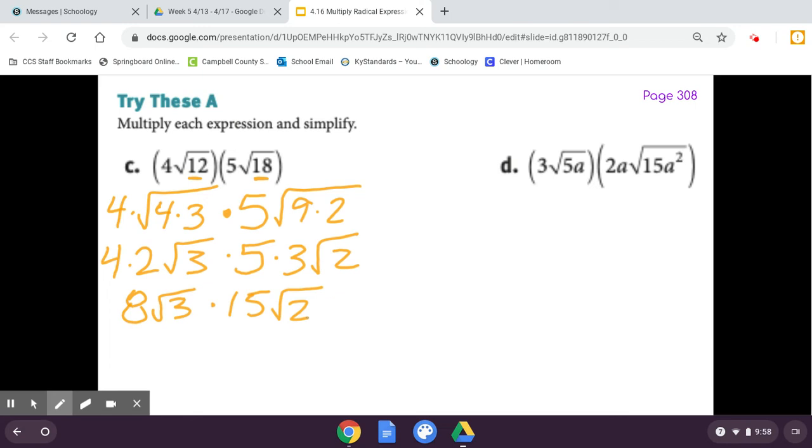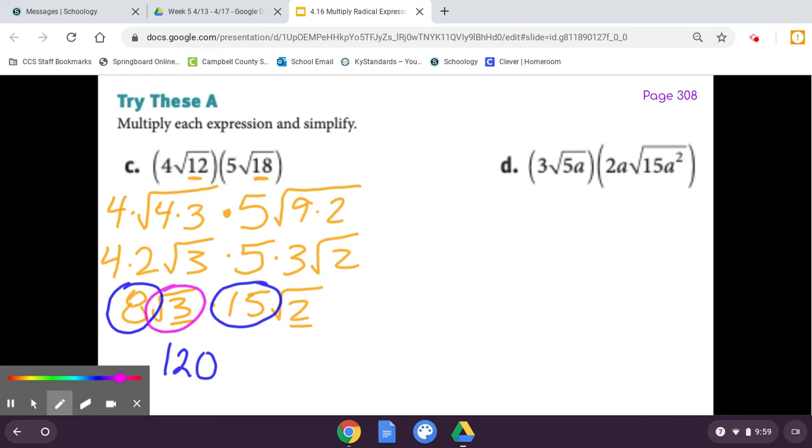Finally leaves us with, we can't pull any more perfect squares out, so we will multiply our like terms. So 8 times 15 is 120, and 3 times 2 is the square root of 6. And that's our answer.